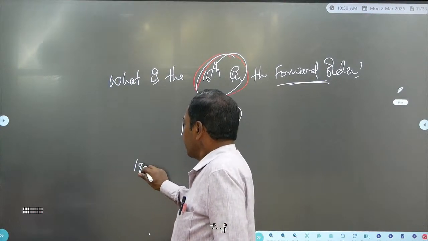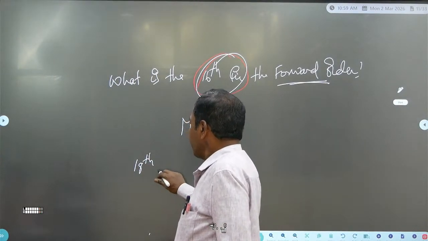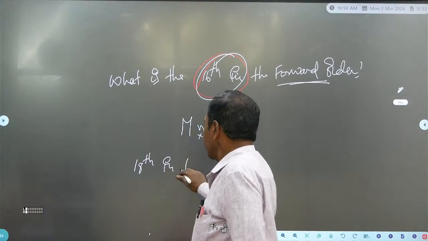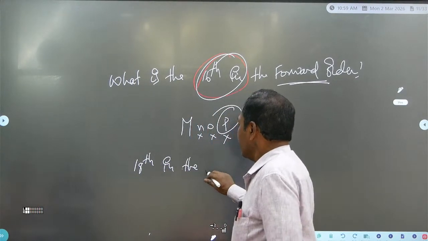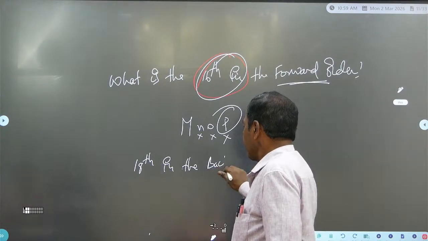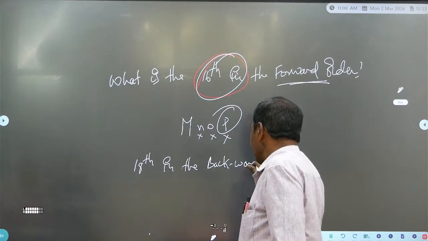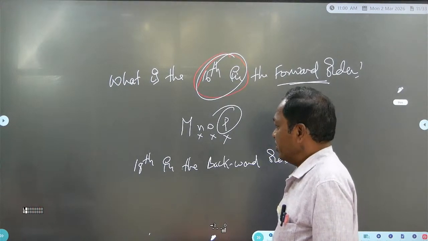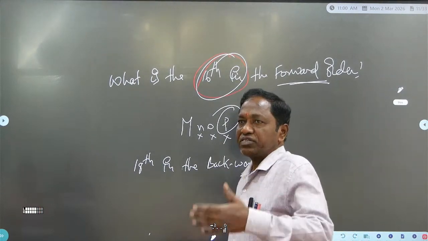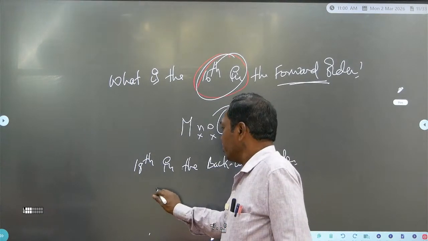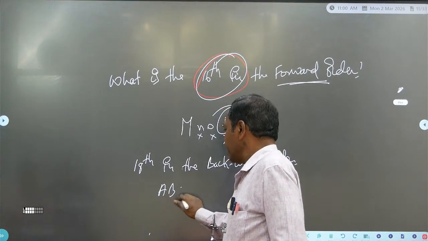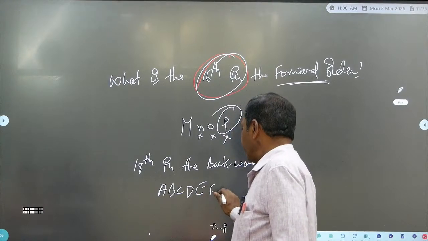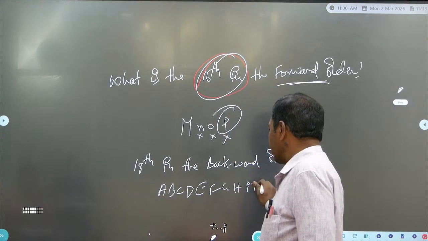And the 18th letter in the backward order? How do you write backward order? Very difficult. So what you have to do, 18 to 26, you can write from A, B, C, D, E, F, G, H, I, J. That's all.